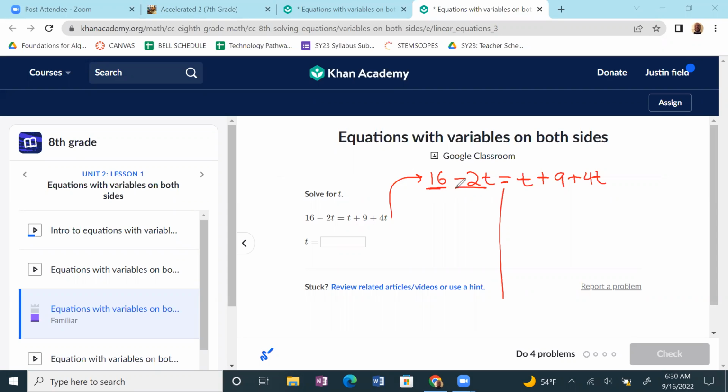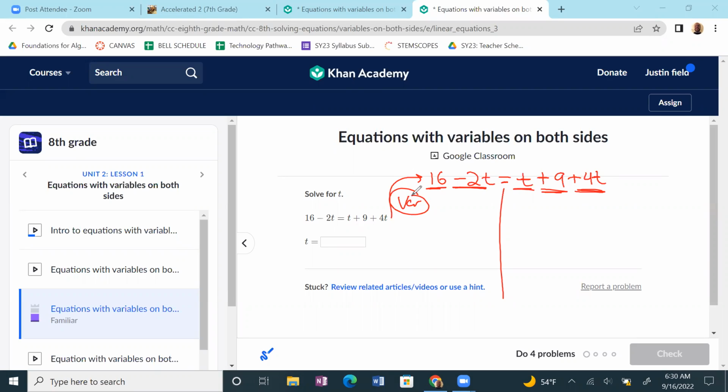So how many terms do we have? 1, 2, 3, 4, 5. And the sign in front of the term is the sign of the term. So that negative 2t, you might be saying in your head, Mr. Field, you mean minus 2t? No, I don't. I mean negative 2t. And the rest of the terms are positive. So what we want to do, we want to put the variable terms on this side.